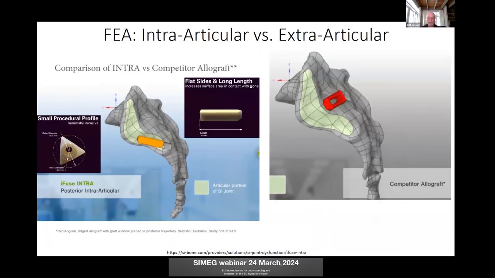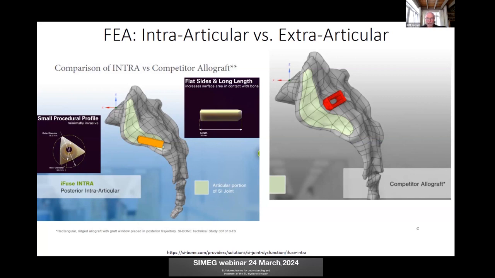So that helped us confirm that we were going in the right direction before we went to the cadaveric study. Other people who are interested in this space, as Dr. Raji was pointing out, there's an intro device through SI-BONE, and they seem to prefer this posterior inferior approach as well, using a cortical triangular allograft.